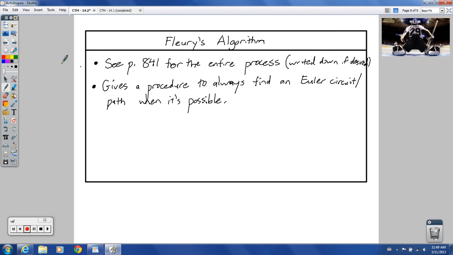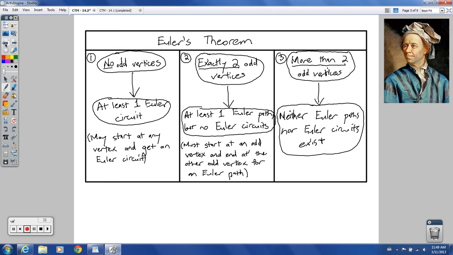But we've already said the things in Euler's theorem that we really need to know. So if it has no odd vertices, you can start anywhere. If it has exactly 2, you have to start at one odd vertex and end at the other. If it has more than 2 odd vertices, there's no use in even checking. It's not possible.